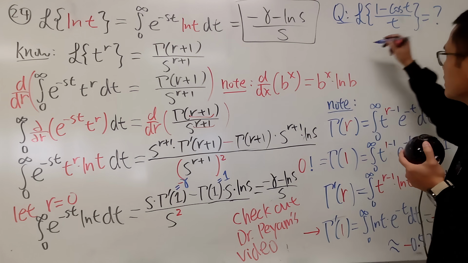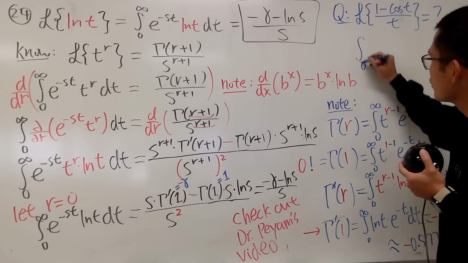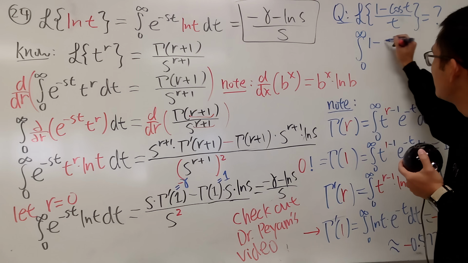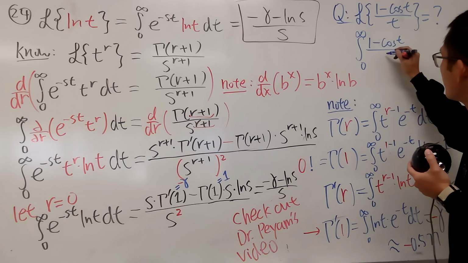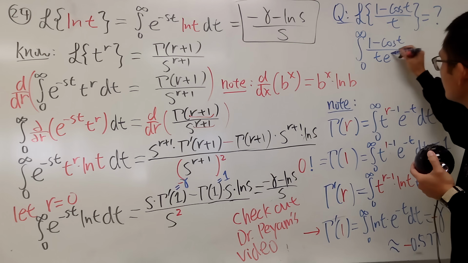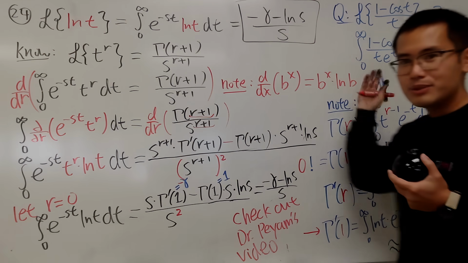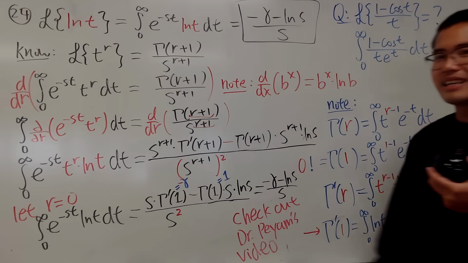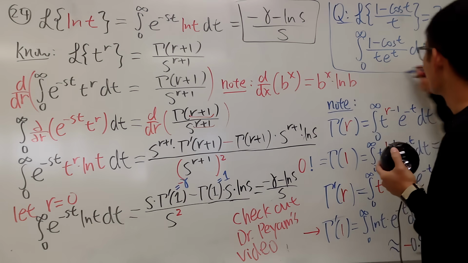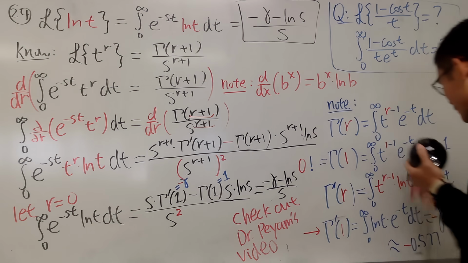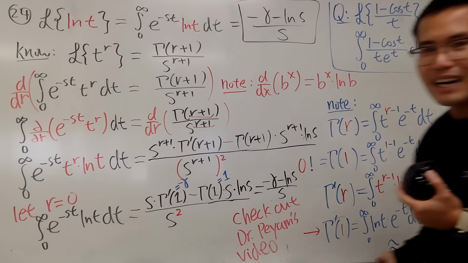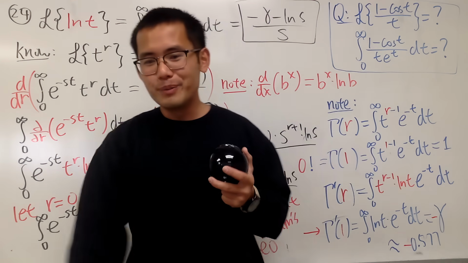And then after this, can you also find me the integral going from 0 to infinity of 1 minus cosine t over t times e to the minus t dt? So please do that, and let's see if you guys can get what it is. And hopefully this right here is really negative gamma, and if so, that would be great.